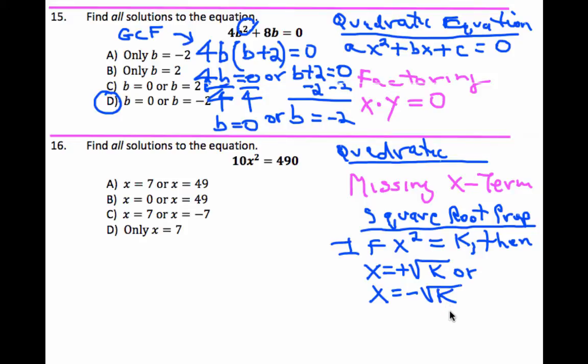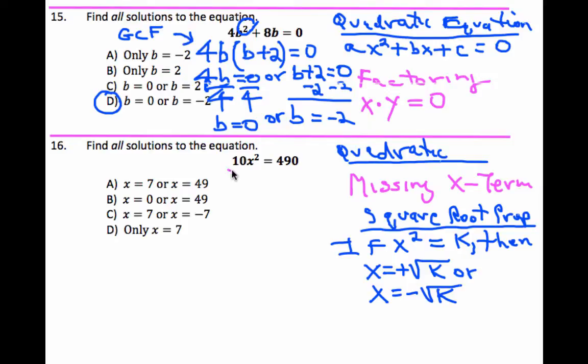Now we know in a quadratic equation we usually have two solutions, so that makes sense. Okay, so let's see where we are with our problem. We cannot make use of the square root property immediately because our problem is 10x squared, whereas the square root property specifies just x squared.